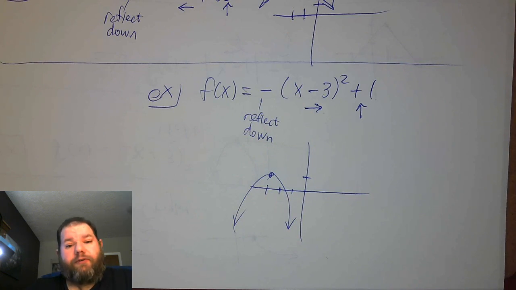So that's our first three transformations. The last one that we look at is where the graph is either stretched or compressed vertically.